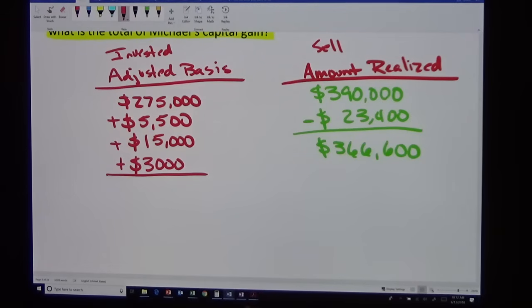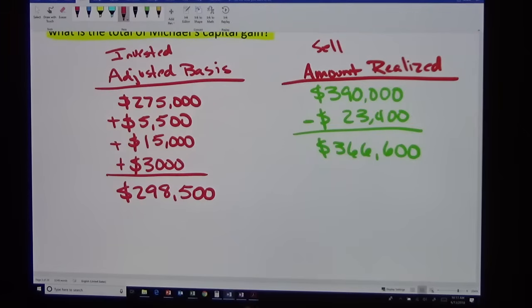When the number doesn't look right, type it in again. $275,000 plus $5,500 plus $15,000 plus $3,000. $298,500. So $298,500 is our adjusted basis.